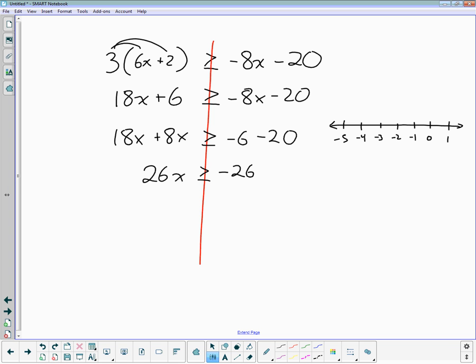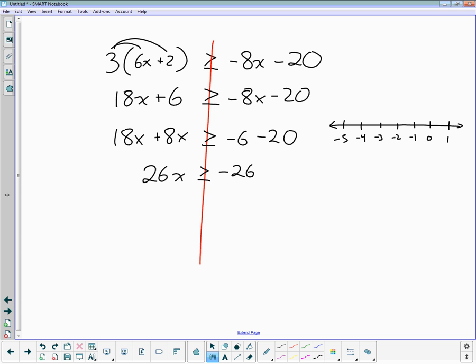Now, I said at the get-go that when you divide, if the coefficient in front of the x underneath is negative, then it flips. Right now, that 26 on the left is a positive number. So when it's positive, nothing flips. I don't care if the right-hand side is negative.